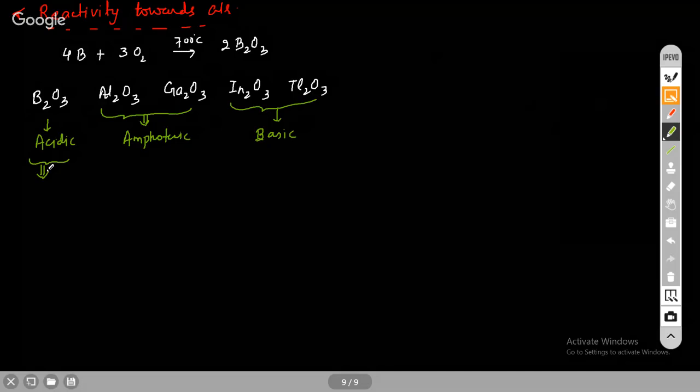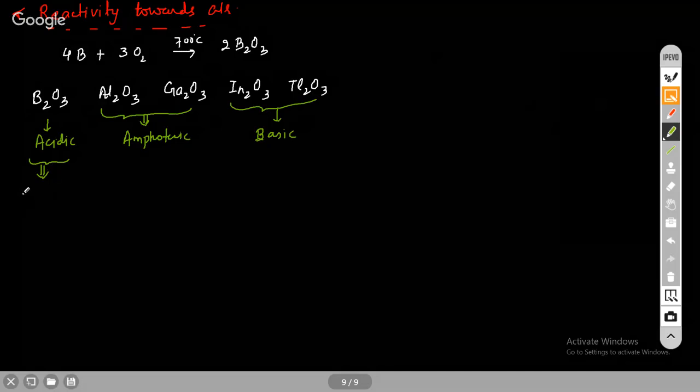Right? That's why it is acidic in nature. Okay. As we go down the group, size increases, so positive charge density decreases. Right. So that is not possible over there. Okay.